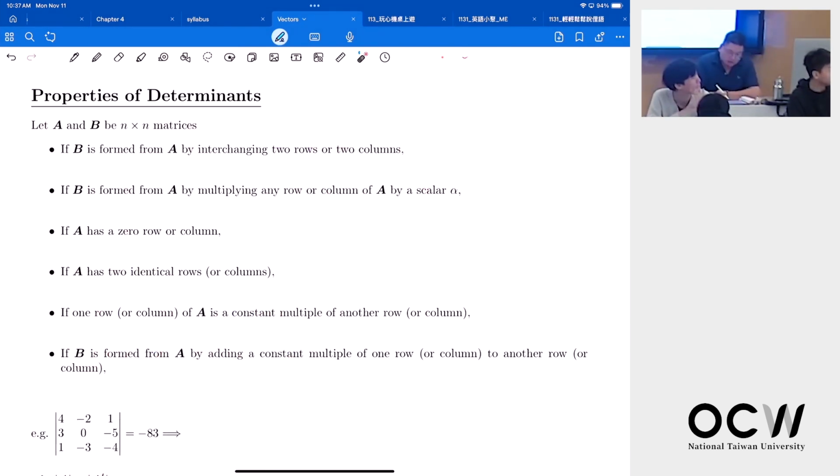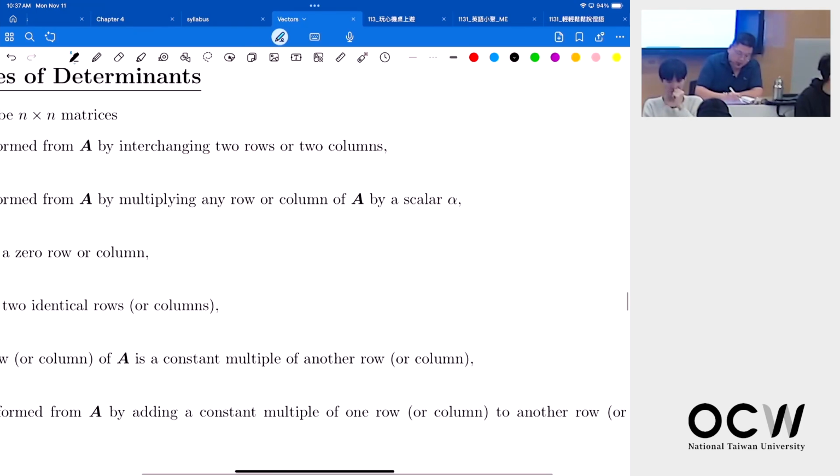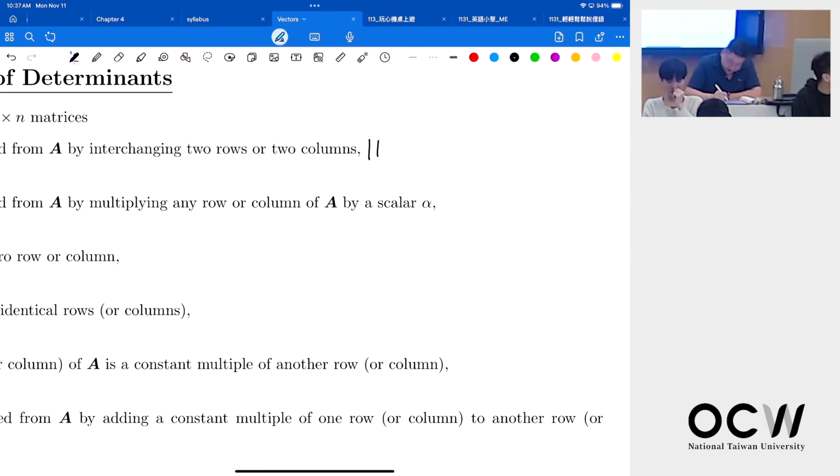So I have 2 matrices and they are n by n. First, if B is formed from A by interchanging 2 rows or 2 columns, then the determinant of B will be equal to the determinant of A with a minus sign.